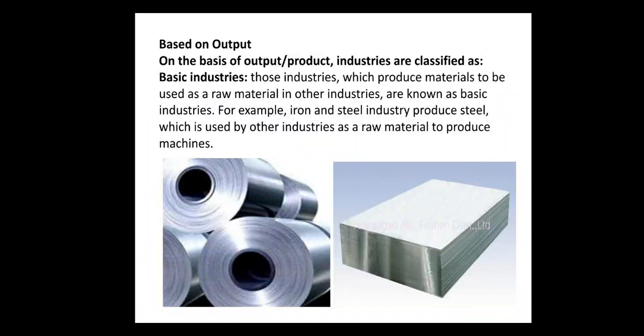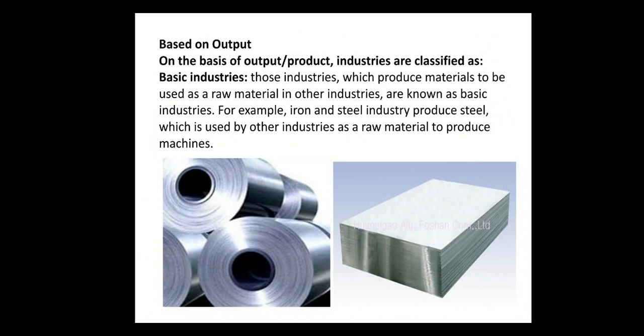Basic industry means we can say iron and steel industries are called basic industries. Why are iron and steel industries called basic industries? Almost all the industries in the world are directly or indirectly dependent on iron and steel. For example, first, in order to set up or construct our industries, we need iron and steel.